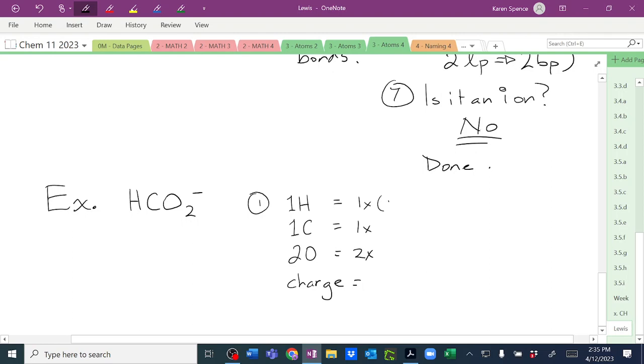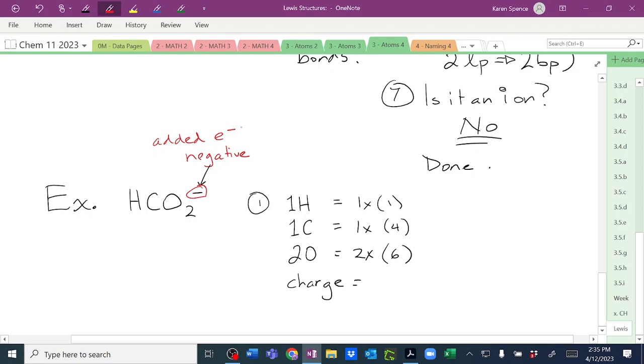Hydrogen has 1 valence electron. Carbon has 4. Oxygen has 6. And then for our charge, remember, if the charge is negative, that means we added electrons.